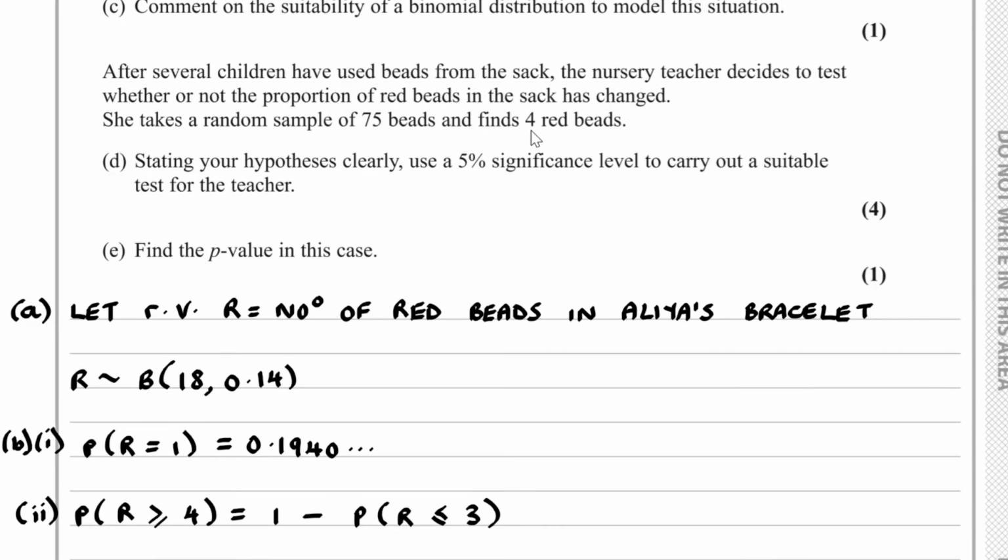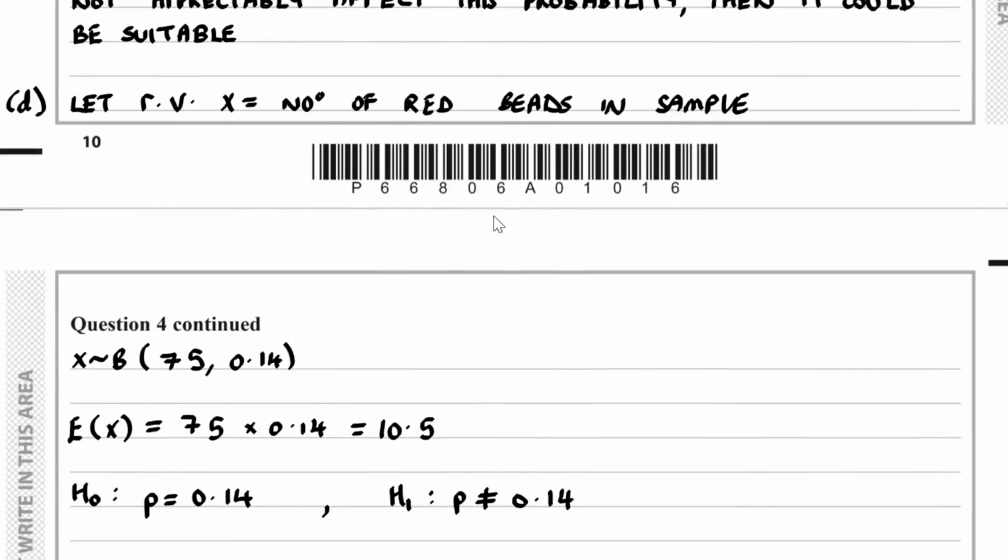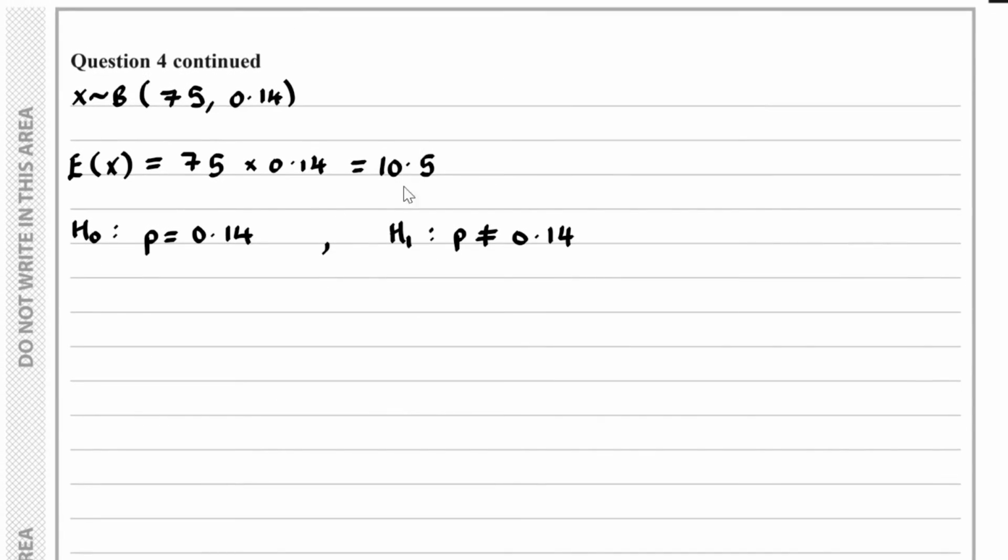Now the 4 over here is less than the expected value, so we need to look out for the probability that X is less than or equal to 4.